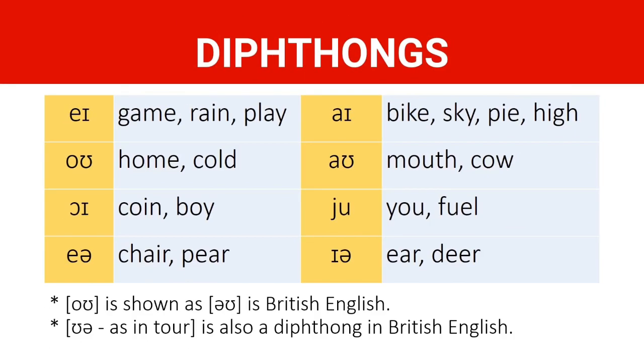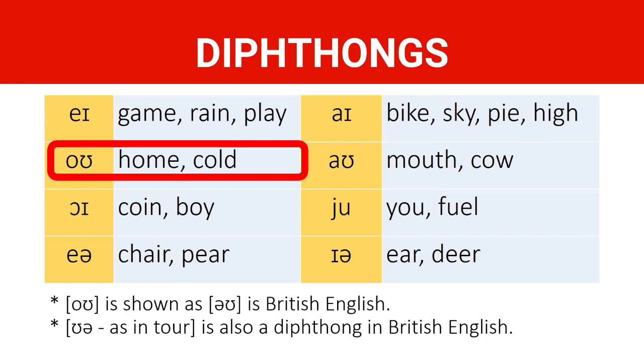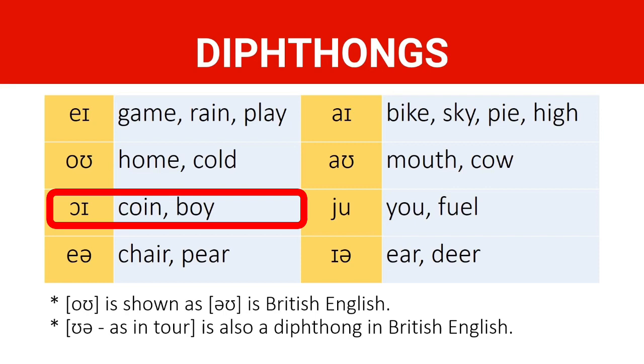We have 8 diphthongs in the English phonetic alphabet. A: game, rain, play. Oh: home, cold. Oi: coin, boy.